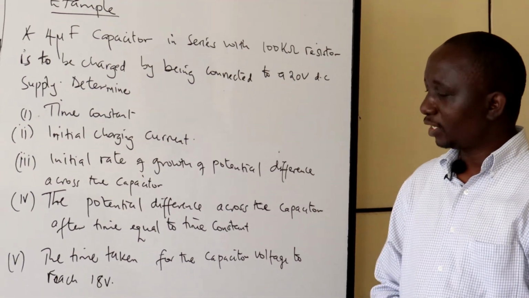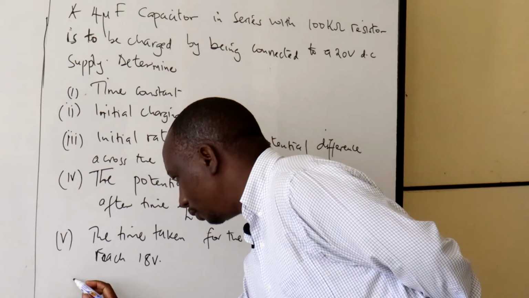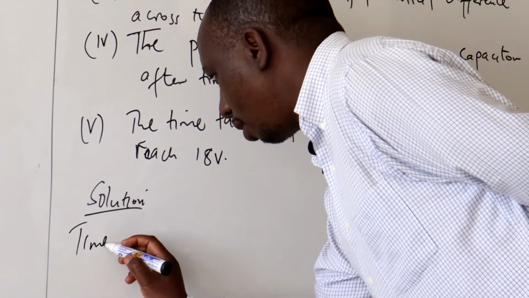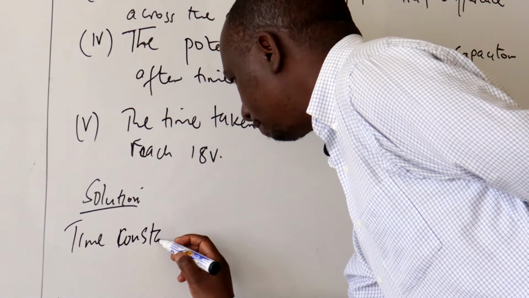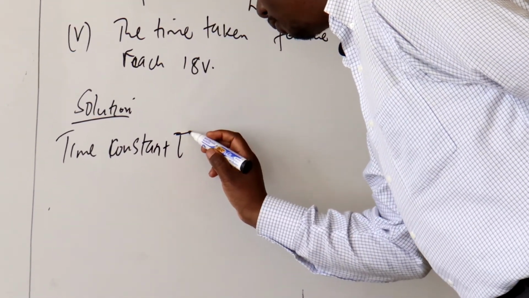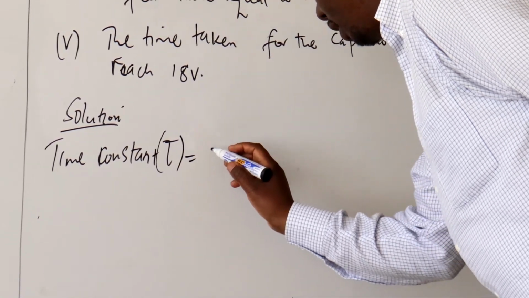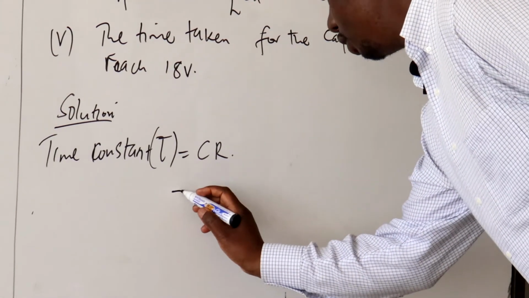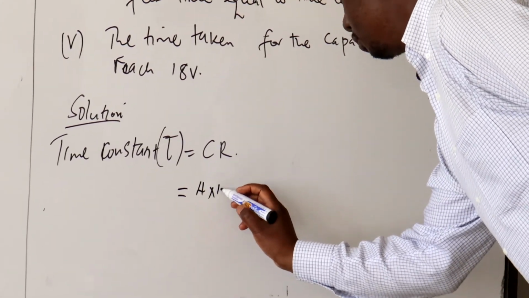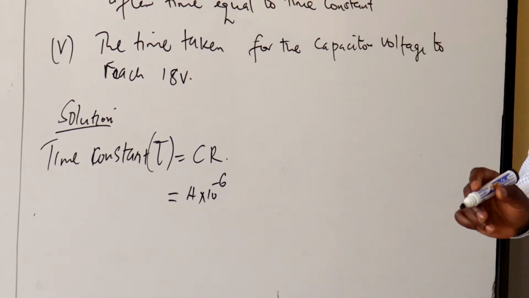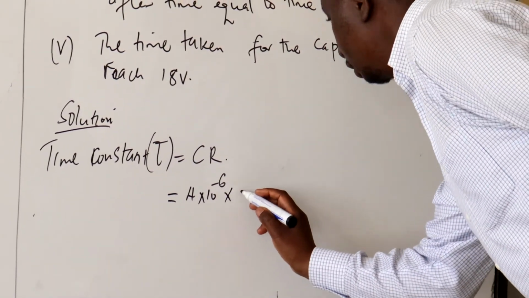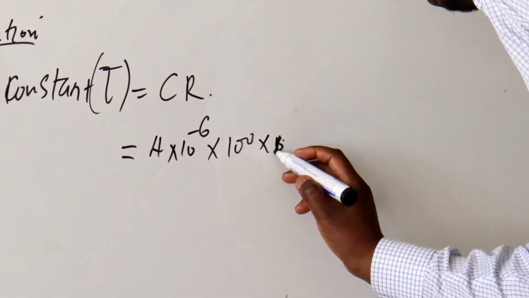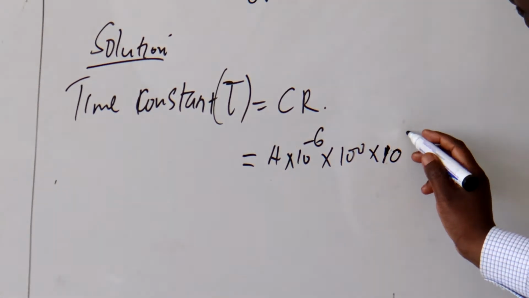So the first thing we have to determine is the time constant. So this is the solution. Time constant, which I refer to as tau, is normally given by CR. That's the formula for time constant, which means that we shall have 4 times 10 to the power minus 6 farads times the resistor, which is 100 times 10 to the power 3.